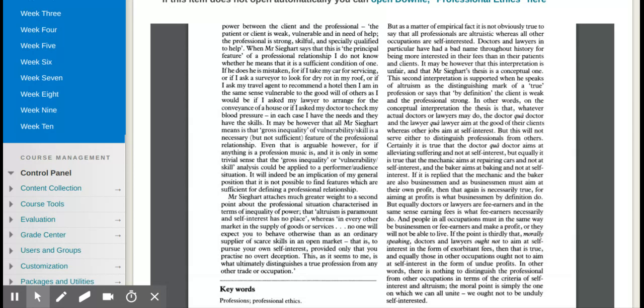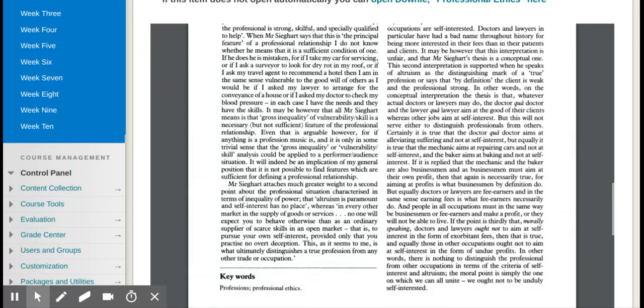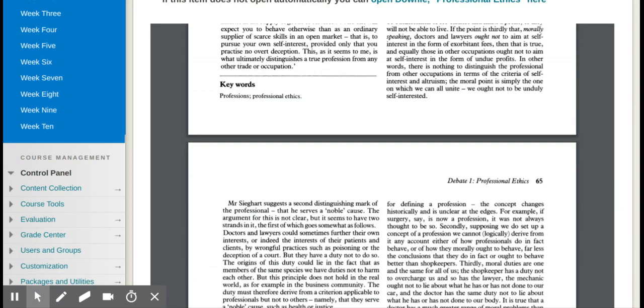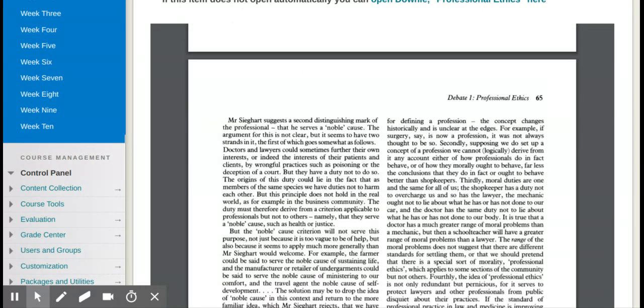He's not sure how Sieghart means the claim. Like, is it an empirical claim that professionals do act altruistically? Is it, what does he say? Is it a conceptual claim? Is it a moral claim?